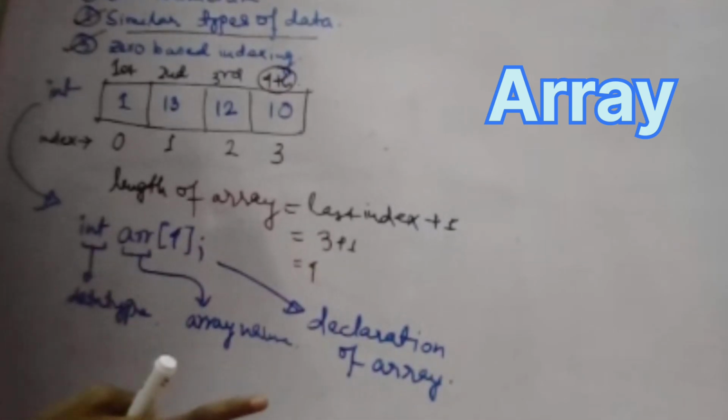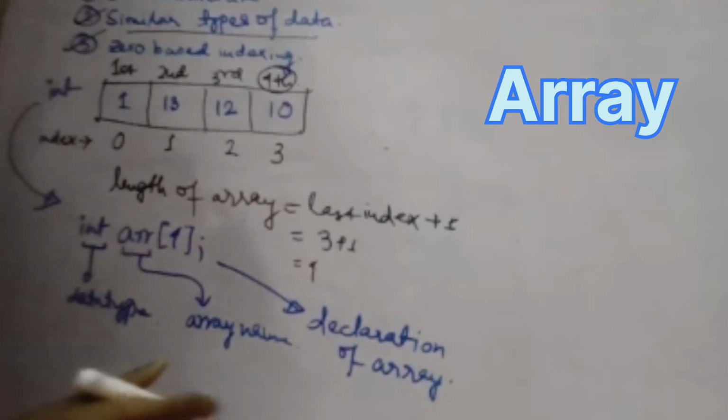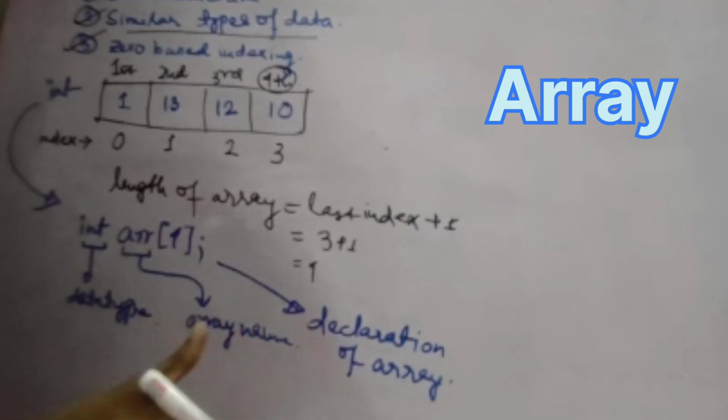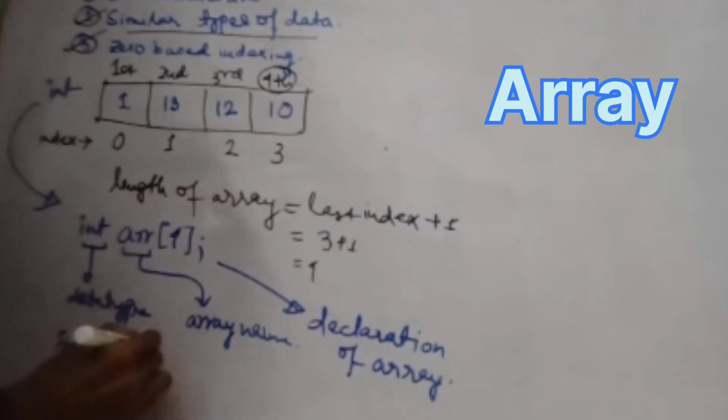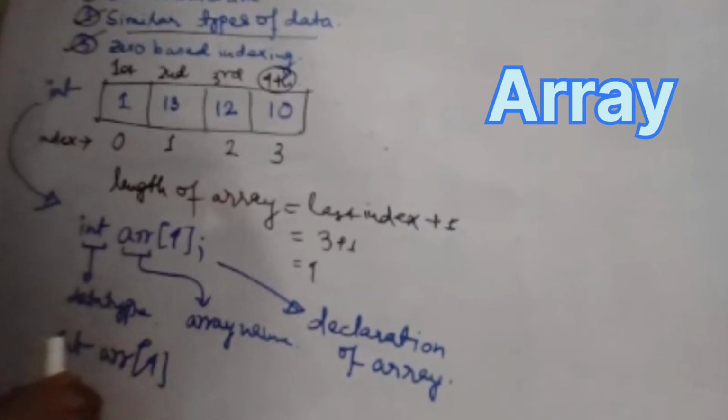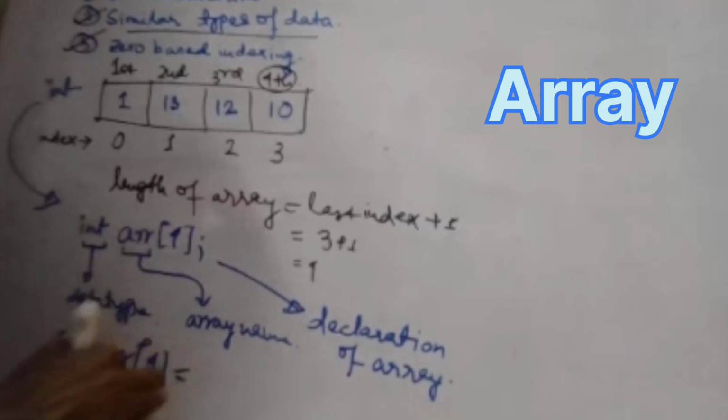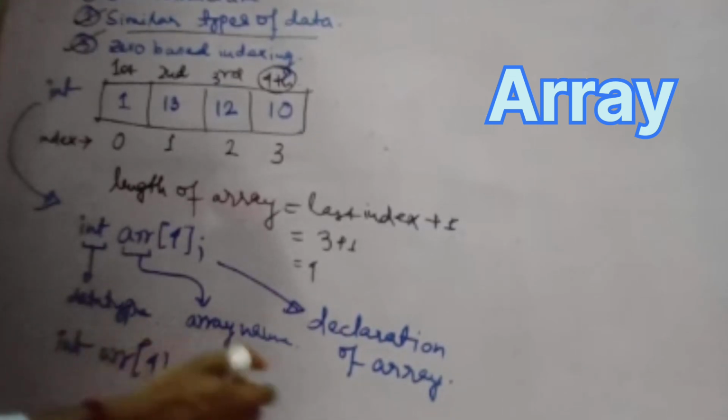Now there is another conventional method. If we want to initialize it, then we can say int arr[4], because we're going to store 4 values. Then put an assignment operator, then the curly braces.